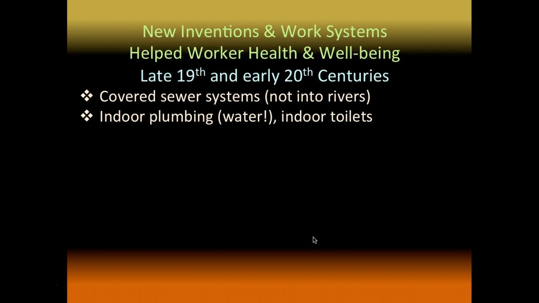Finally, they're discovering covered sewer systems, but as we just saw, it wasn't until well into the 1900s, well into the 20th century, that covered sewer systems became a regular thing. And indoor plumbing, water in a faucet, in a sink, and in a bathtub, where people could actually wash their hands after dealing with something messy like a dirty diaper or going to the bathroom or dealing with raw meat.